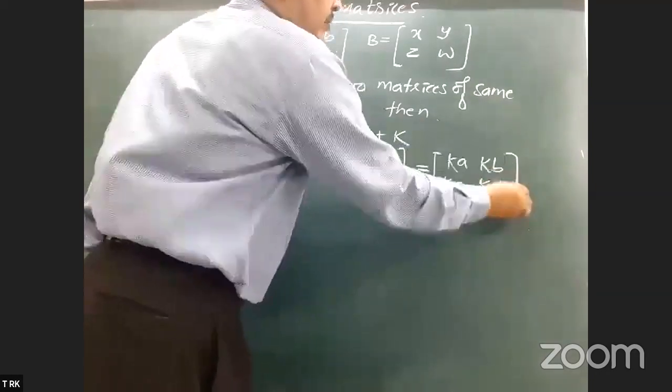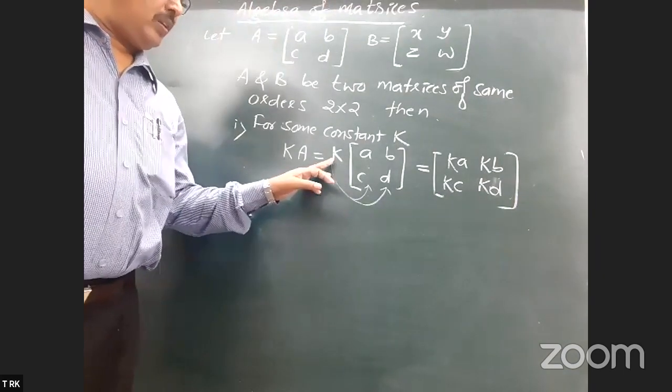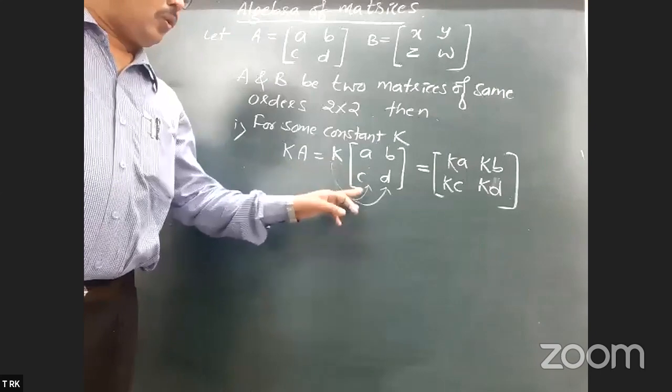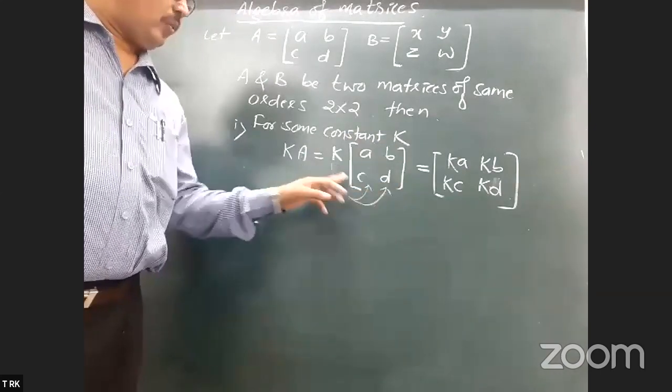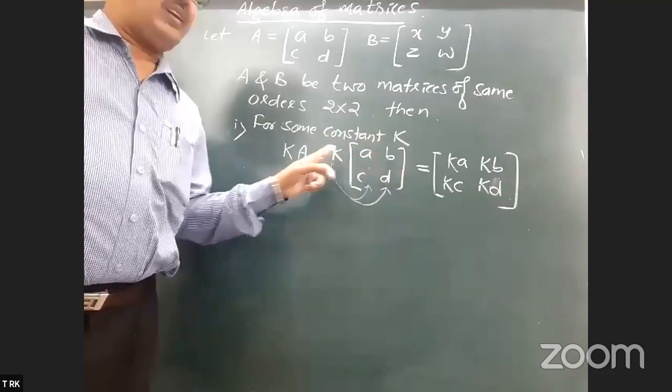Clear? So in case of a matrix, distribute k to all elements of the matrix: kA, kB, kC, kD.